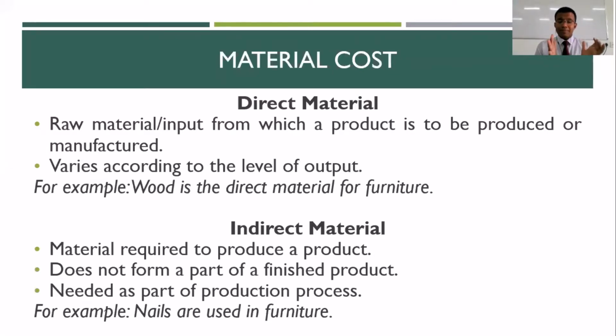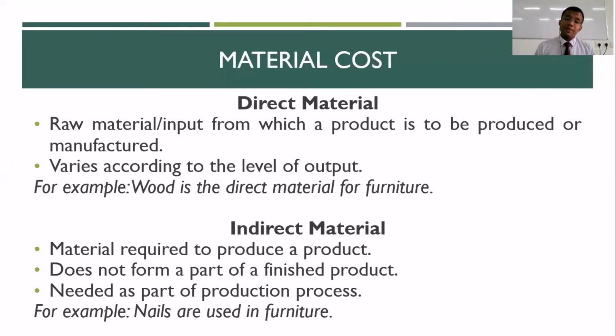Direct materials are components or raw materials which are consumed and are vital for your production process. You cannot carry out your production process without the direct material in place. It will be difficult to think about executing your production process without direct material.